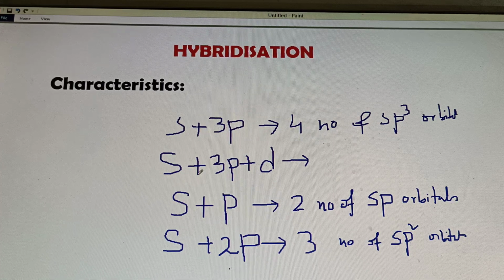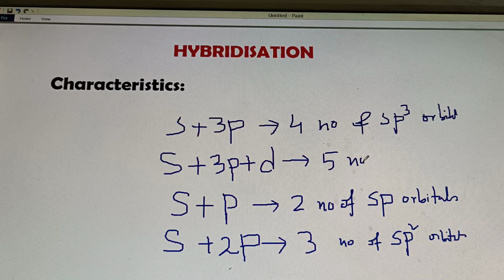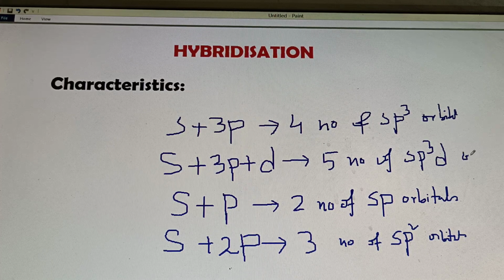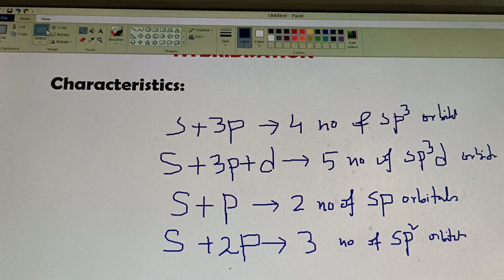So 1 plus 3, 4, plus 1, that is 5 sp3d orbitals formed.